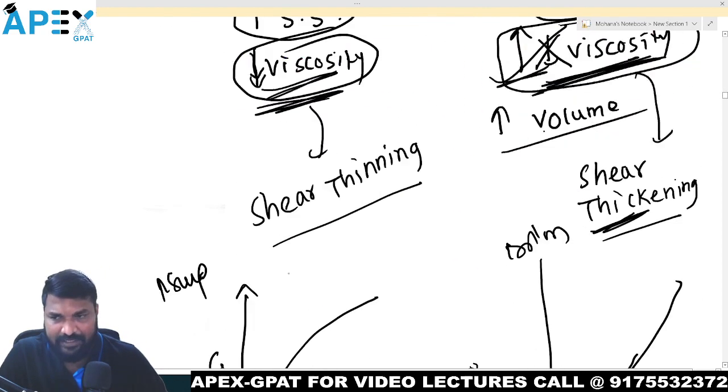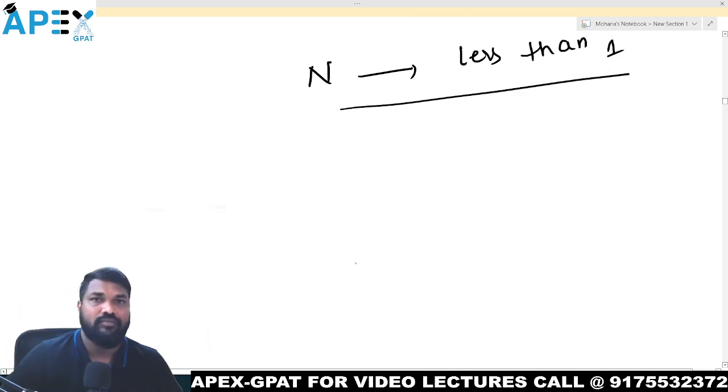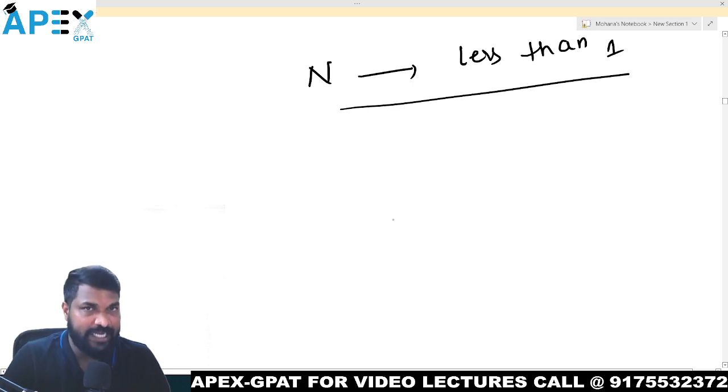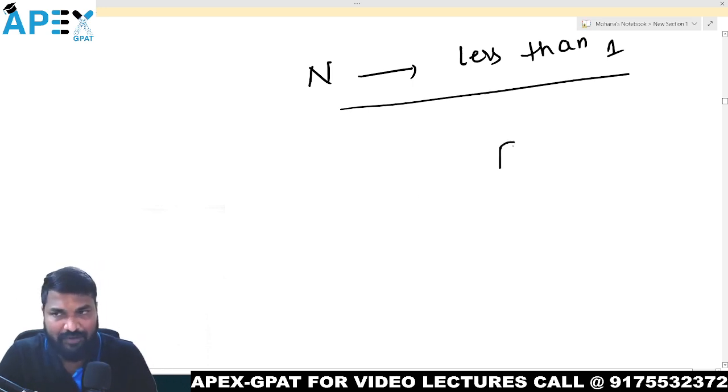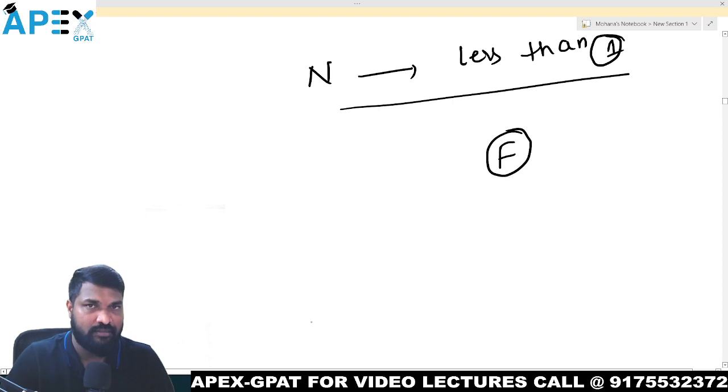Here, N in the dilatant flow is always greater than 1. Right? Always what? Whatever shear stress we apply, the N value stays away from 1, like 0.8, 0.5, 0.6.